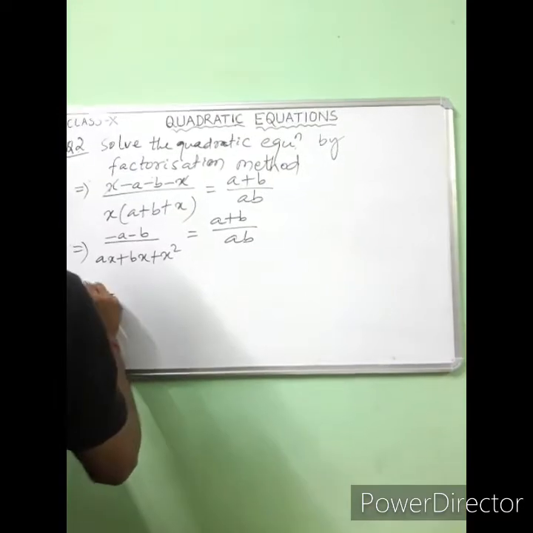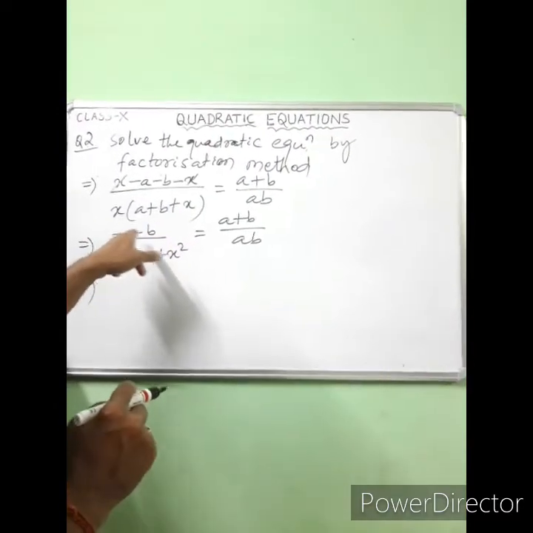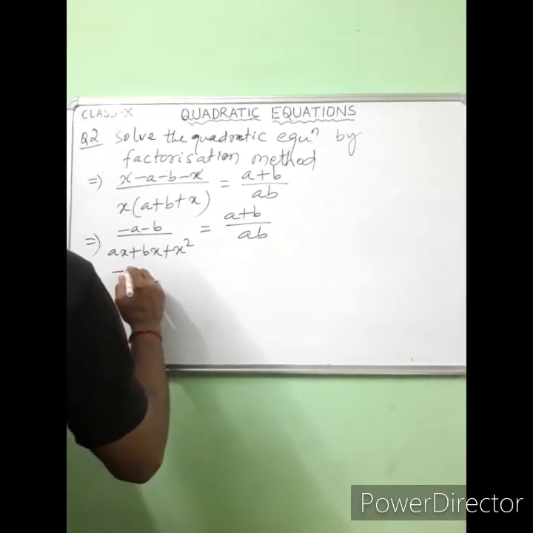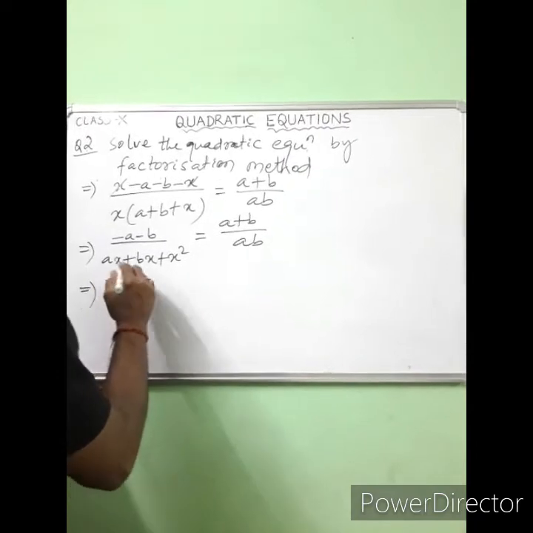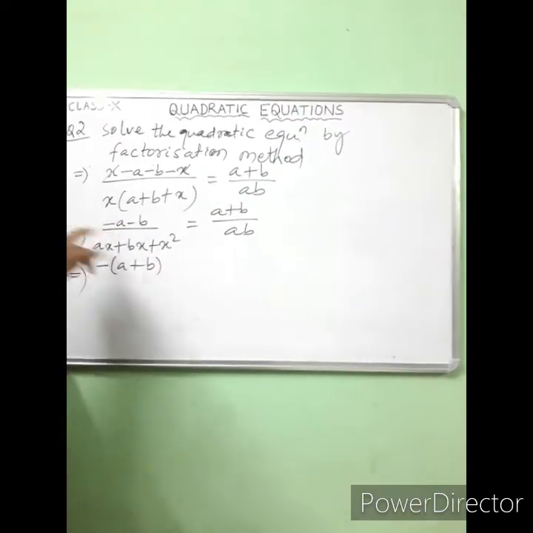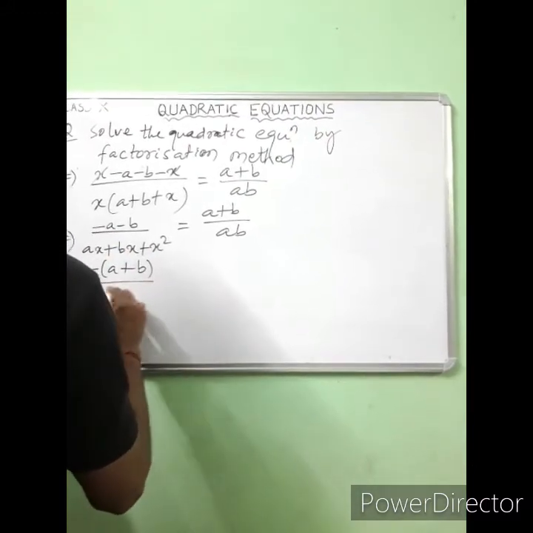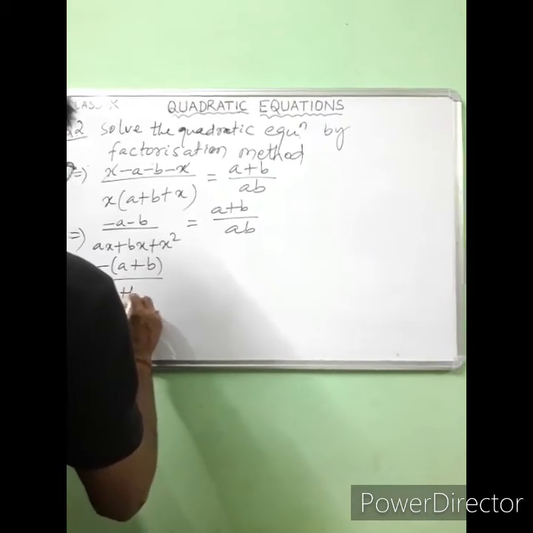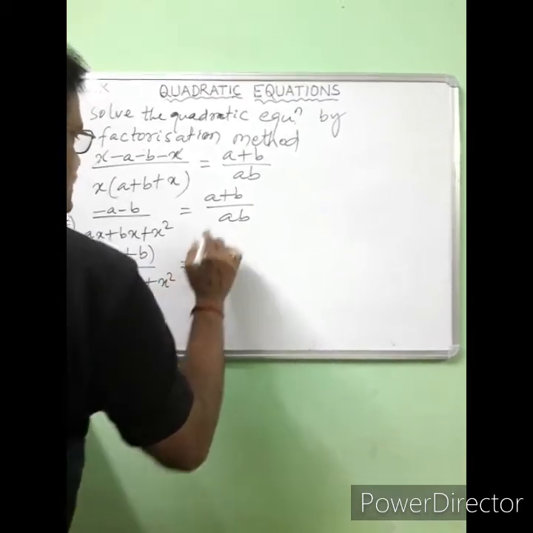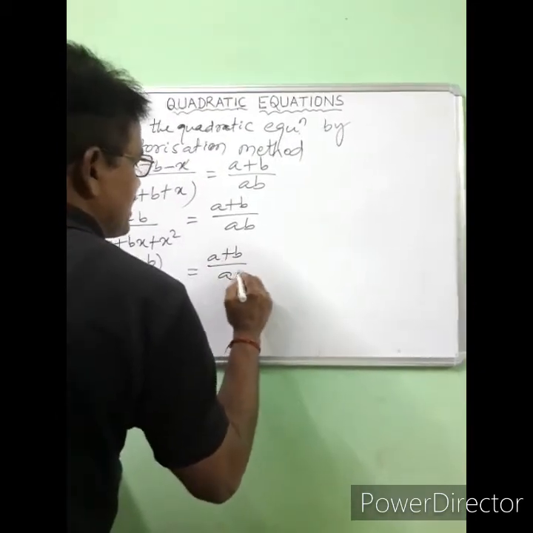Now here we can take minus as common: minus (a plus b) by (ax plus bx plus x square) is equal to (a plus b) by ab.